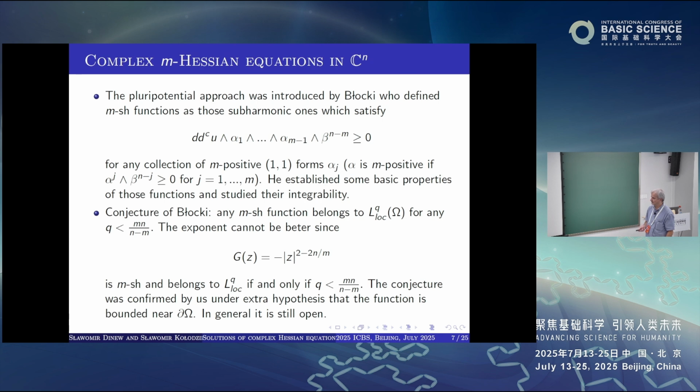But with Sławek Dinew, we were able to confirm this conjecture under the extra assumption that the function is bounded near the boundary. As I said, the general problem is still open.